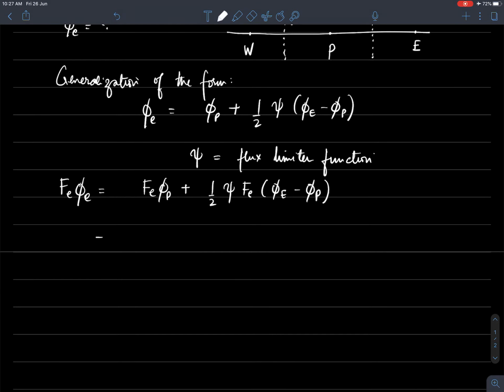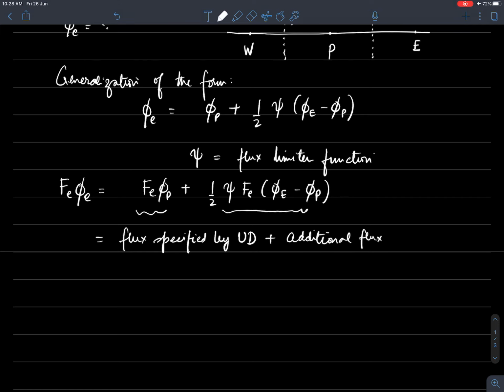Now if you notice carefully, the first part is essentially the flux as specified by the upwind differencing. I'm just going to write UD to denote upwind differencing. Plus, the second part is essentially an additional flux on top of what the upwind differencing gives.